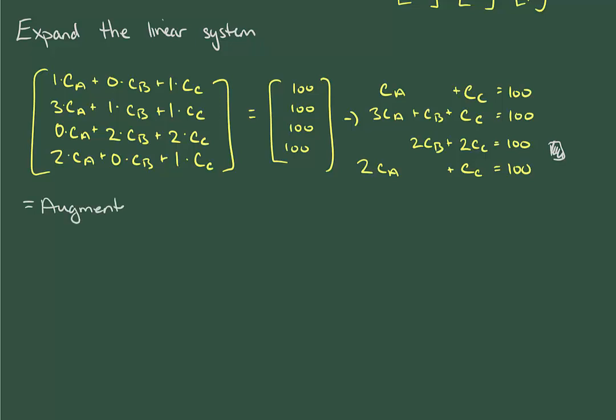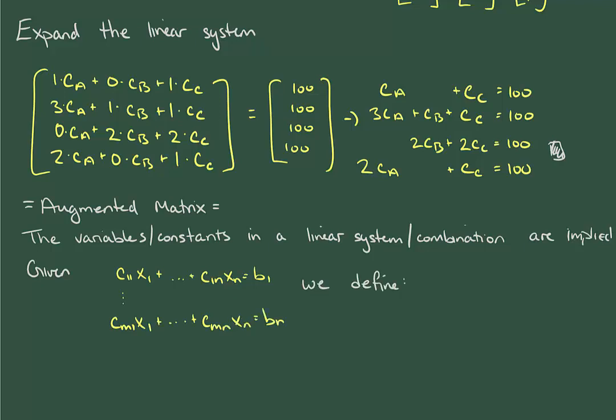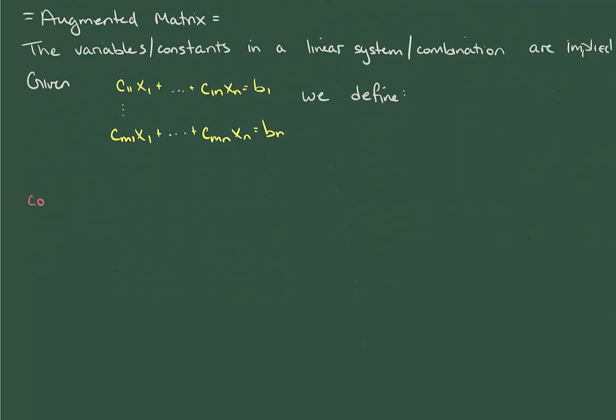Next up, we'll see how to write linear systems so that we can easily solve them. The way that we do this is through something called augmented matrices. Now, the key consideration is that variables of a linear system, or equivalently the scalars of a linear combination, are all implied. So all we need is some other way of bookkeeping, that is, keeping track of which coefficients go with which variable. If we write down our general linear system of m equations and n unknowns, then we can define the coefficient matrix, which is the matrix of coefficients of the linear system in the correct order.